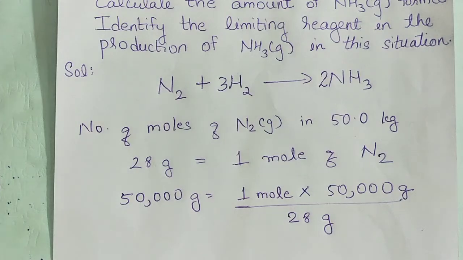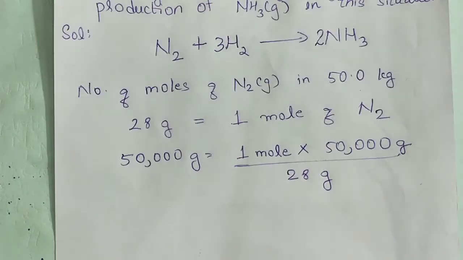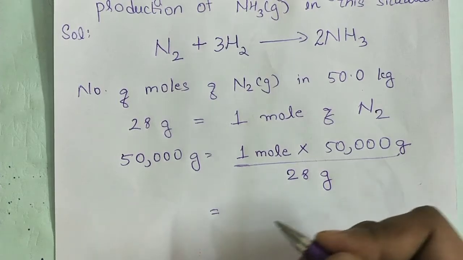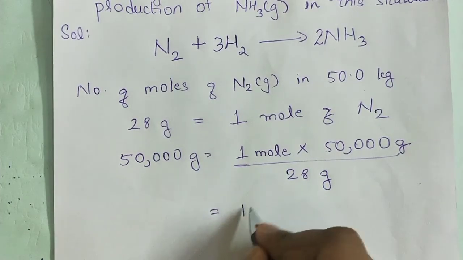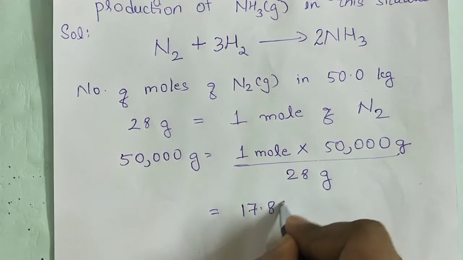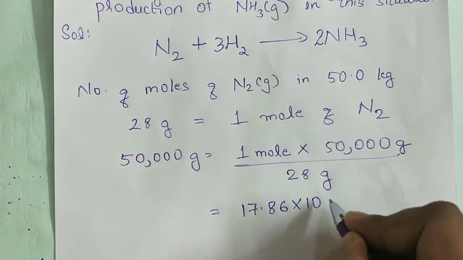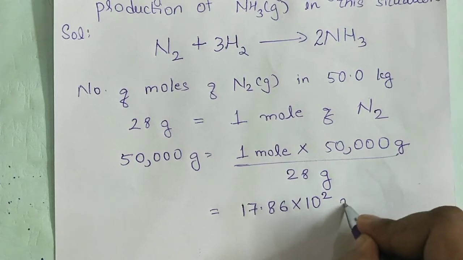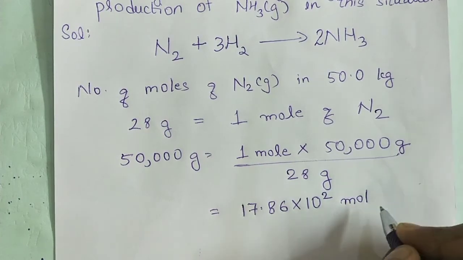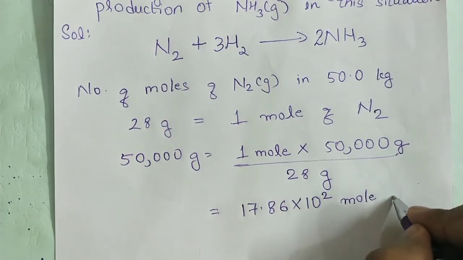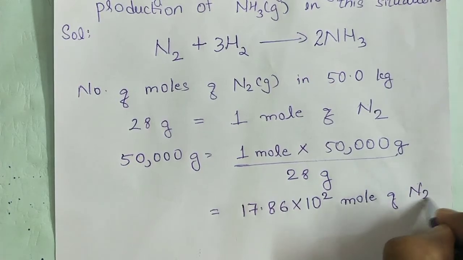This will give me the number of moles present in 50 kg of nitrogen gas, N2 gas, and this value will come out to be 17.86 times 10 raised to the power 2 mole of N2.